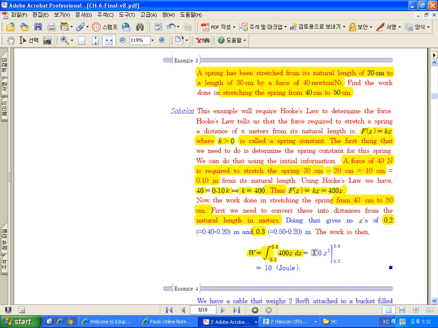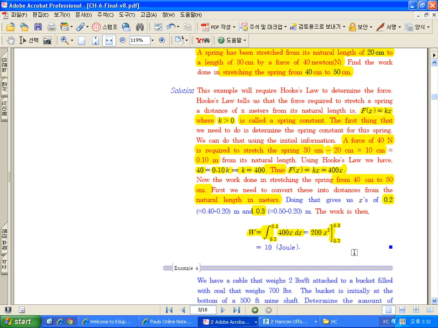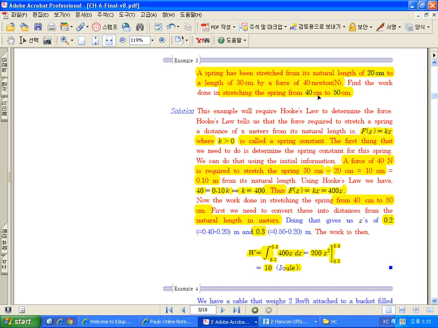The antiderivative of x is x squared over 2, so 200x squared is the integral, and from 0.2 to 0.3 gives us 10. So the answer is 10 joules of work was done to stretch the given spring by 10 centimeters.